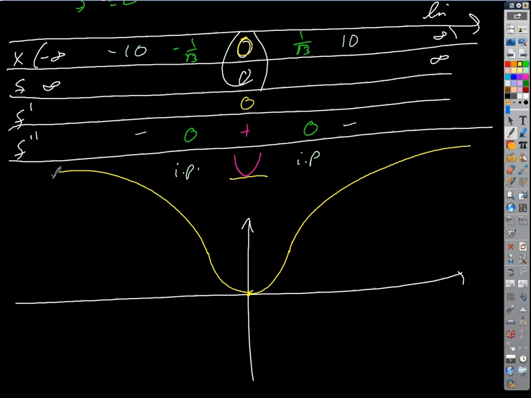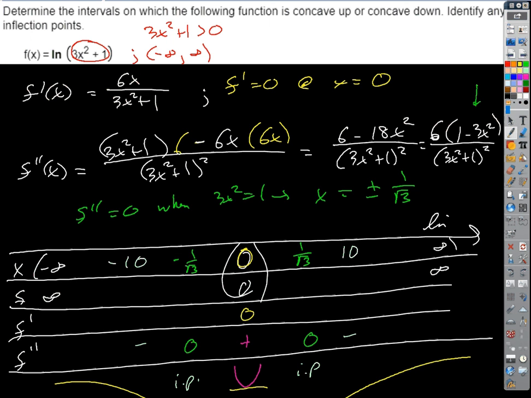Okay, what do you notice about the shape of that? Does it have symmetry? Going back to one of our much earlier conversations, could we have cut our workload in half here? Could we have done the test for symmetry on this function? Right, what is the test for even symmetry? f of negative x equals f of x, which it clearly does, doesn't it?